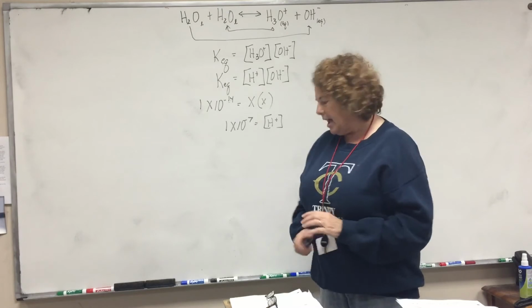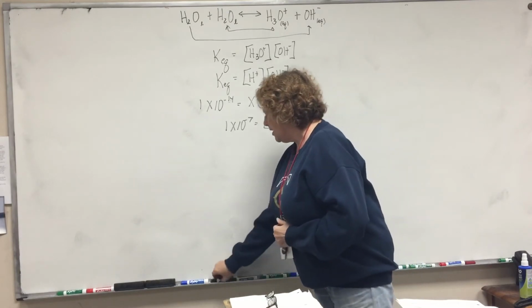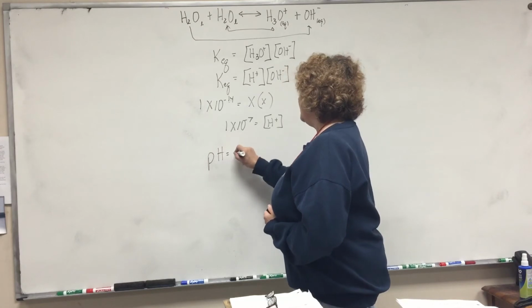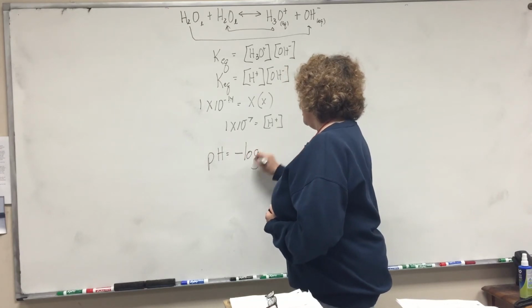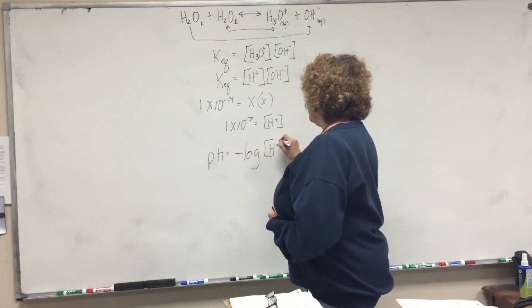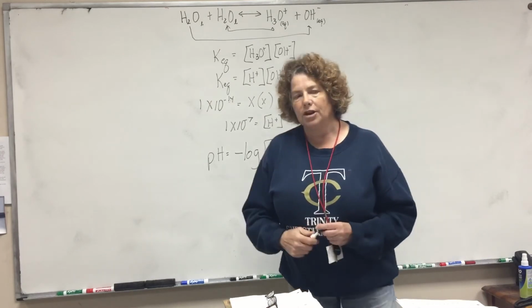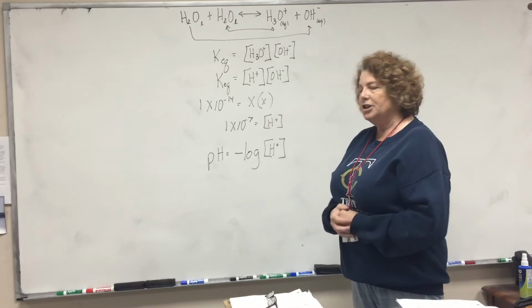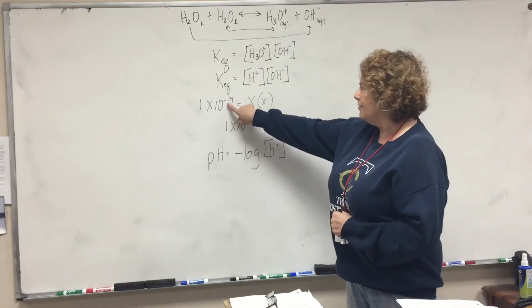And how do you do that? On your calculator, pH is the negative log of the concentration of hydronium or H plus ions. Okay, that's what pH is. Because see how it's negative 14?